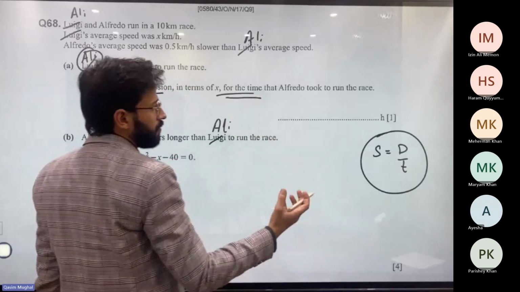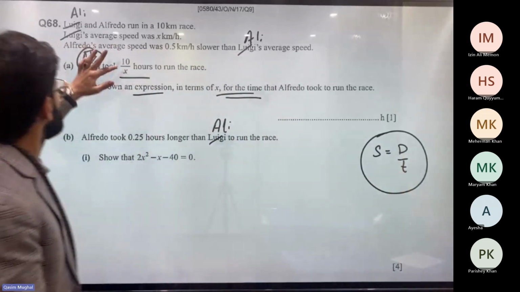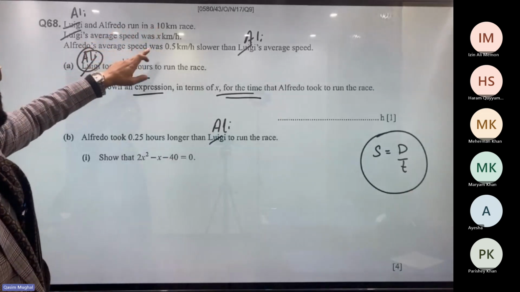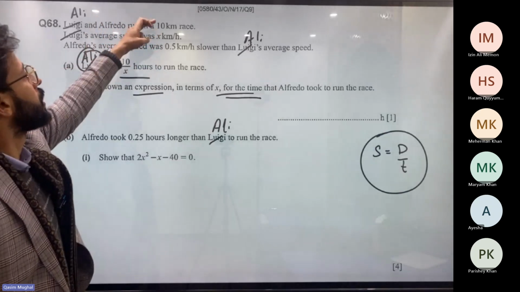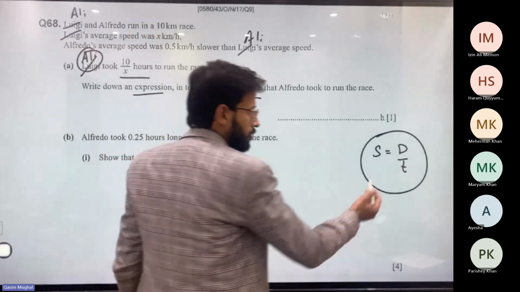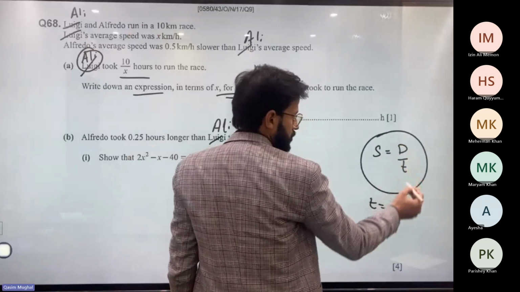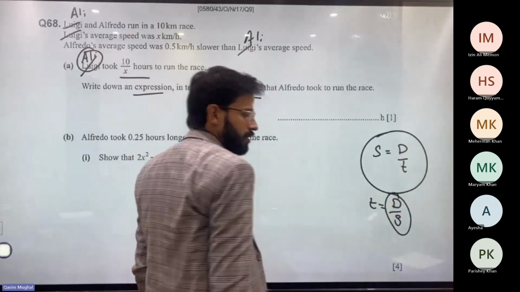How would you give the expression of time from here? First of all, you should know from here 10 over x. 10 divided by x, which was his speed. But if you don't remember, what expression for time will be made from here? Speed is equal to distance over time, and time will be equal to distance over speed.